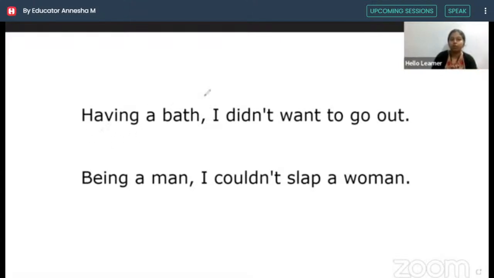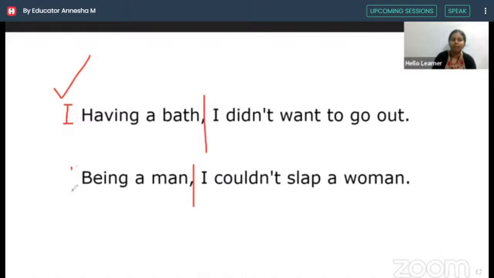So, of course, we can understand that these are separate clauses, right? Having a bath is a different clause. I didn't want to go out is a different clause. Now, the basic definition of a clause is subject plus verb. But you will see in this clause there is no subject. But the subject is implied. That is why we can consider this as a clause. Having a bath, the sentence basically means I, having a bath, I didn't want to go out.